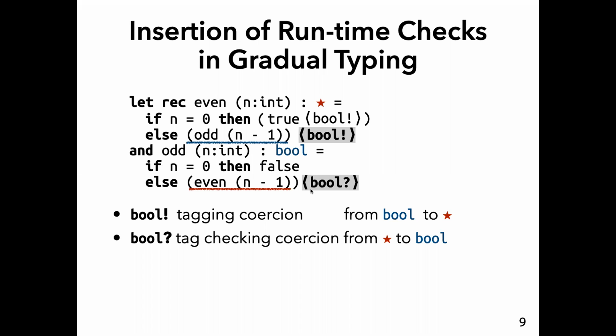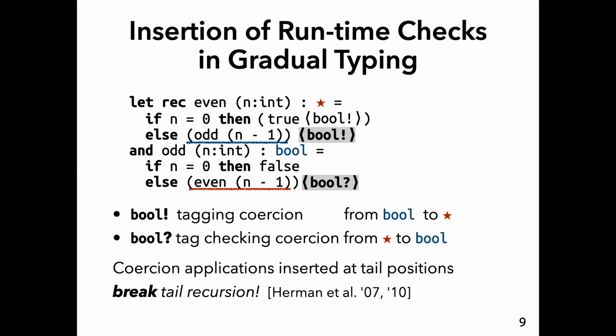Likewise, we need tag checking, bool question, from the dynamic type to the Boolean type here. Here, angle brackets are used for coercion applications. The problem is coercion applications inserted at tail positions like tail recursion.